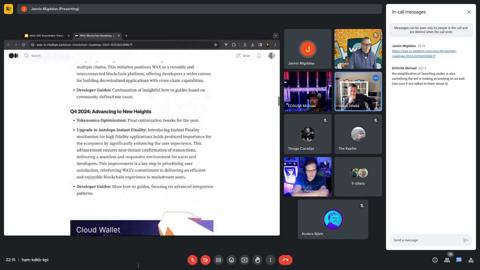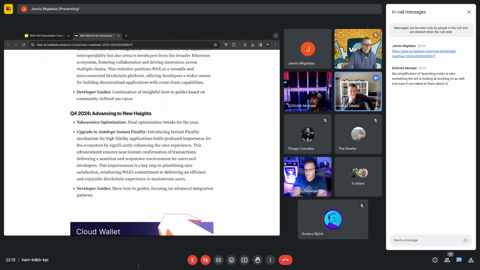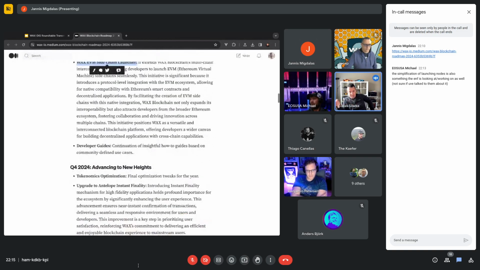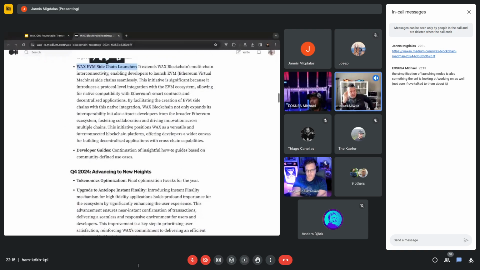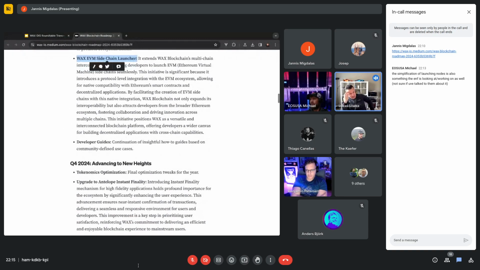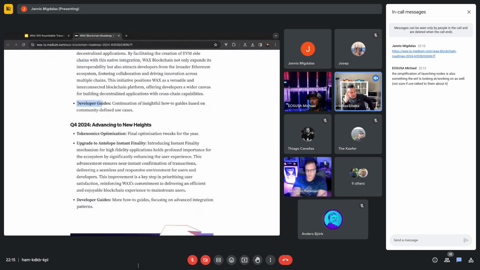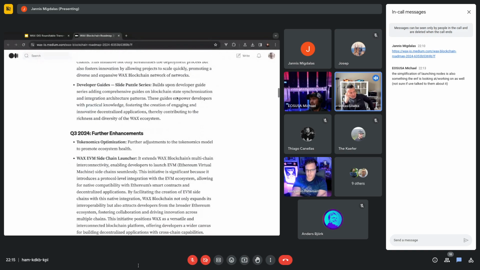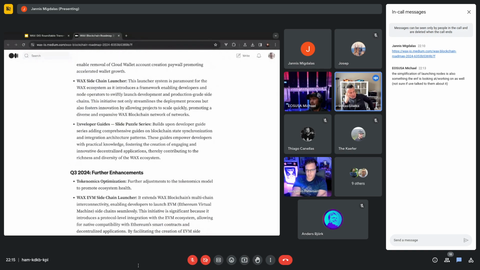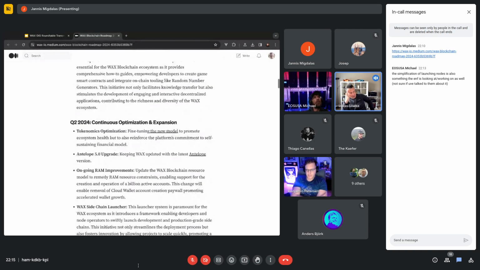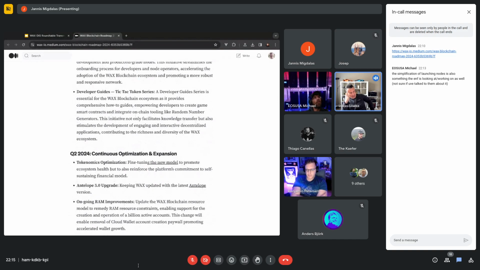All right. And then the last bucket, I guess, in the protocol, and that just kind of spans across various different areas, is the developer guide. So I think we need to really lean into building and providing end-to-end examples of how to build on Wax, because building Web3 applications is not necessarily easy.